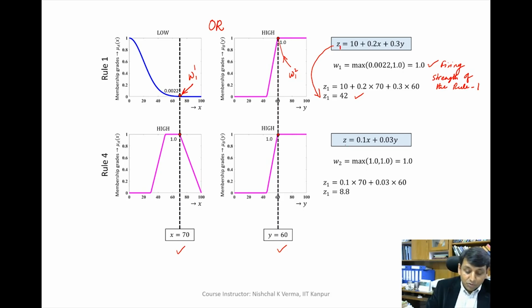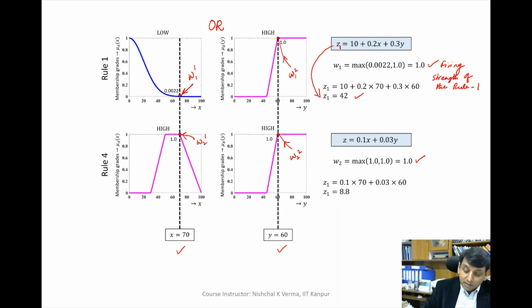And similarly, when it comes to rule number 4, we find here the point of intersection as W21 and here W22. And here also we take max of these two. So both of these are 1, 1. So we take max and max is again going to be 1.